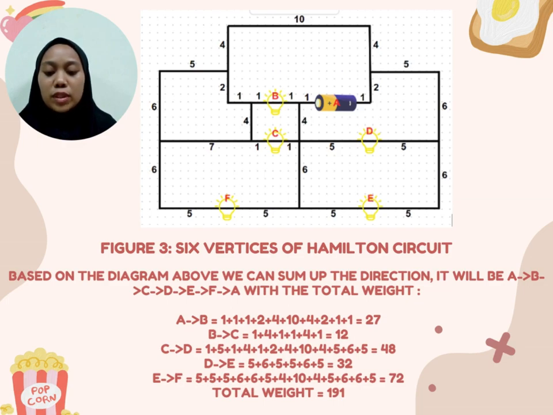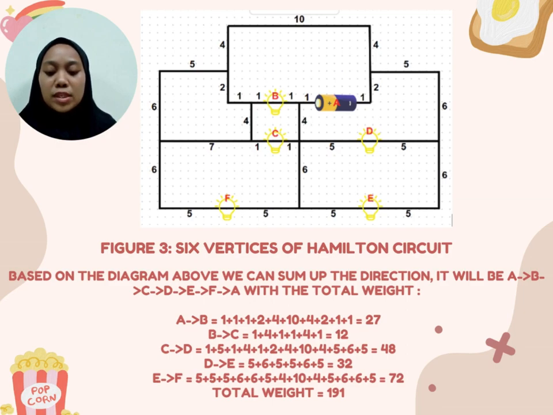So for vertex B to C, 1 plus 4 plus 1 plus 1 plus 4 plus 1. Total is 12. For vertex C to D, 1 plus 5 plus 1 plus 4 plus 1 plus 2 plus 4 plus 10 plus 4 plus 5 plus 6 plus 5. So the total is 48.